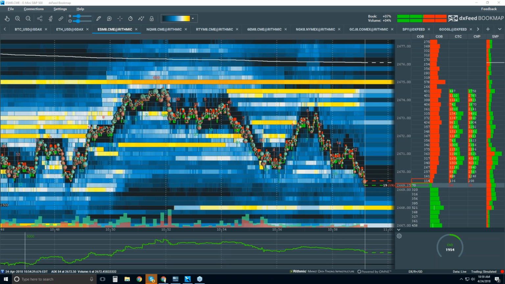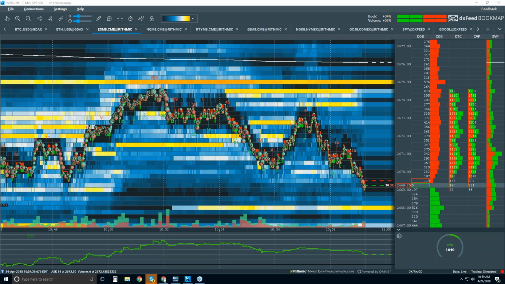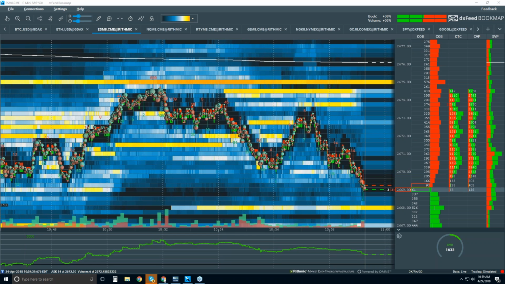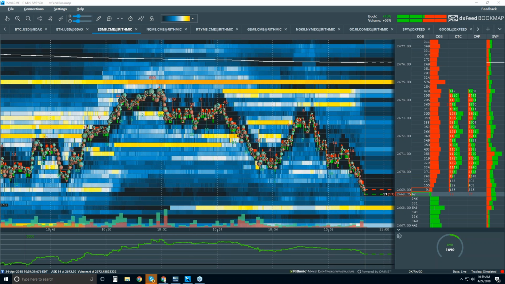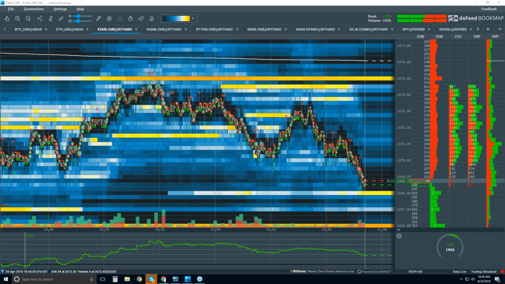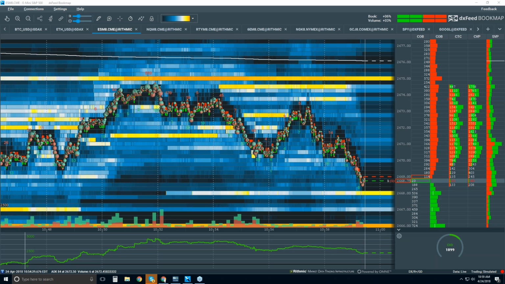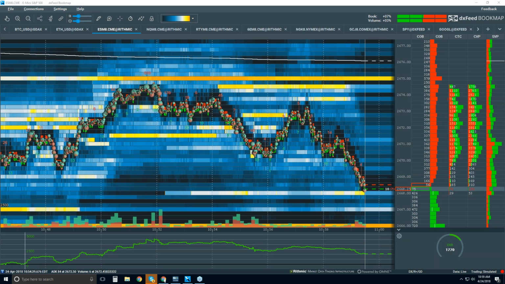It's very accurate, more accurate than some of the others. Others are excellent as well, CQG, IQFeed, etc., but we just like the way Rithmic handles it a little bit better.